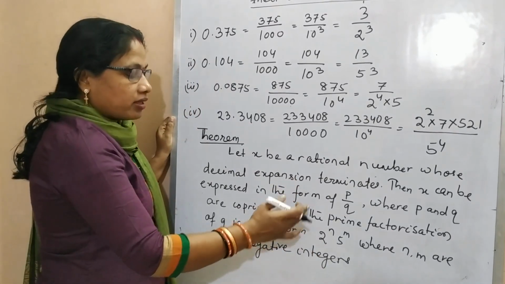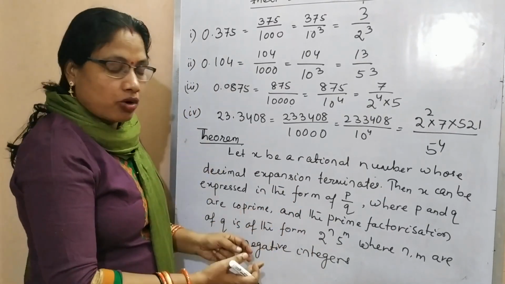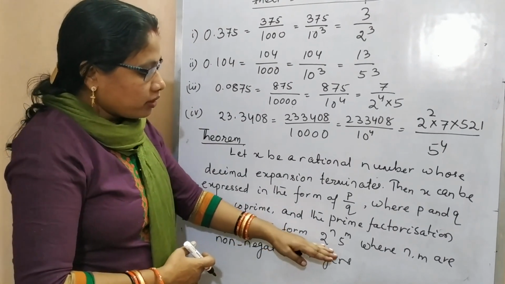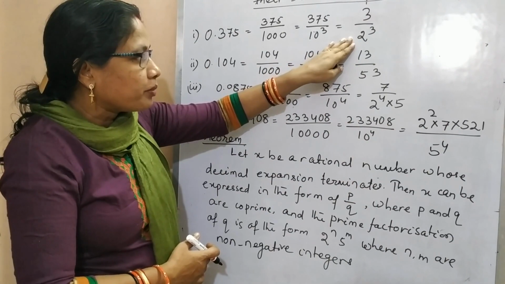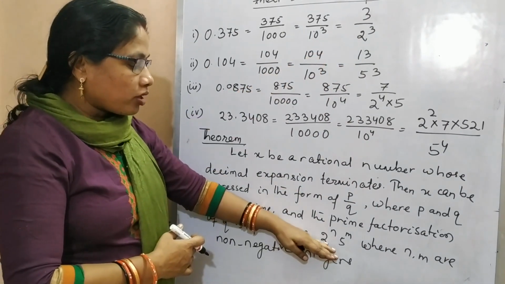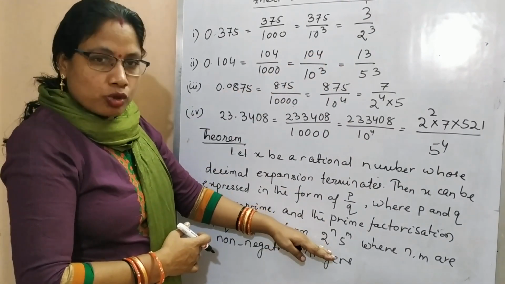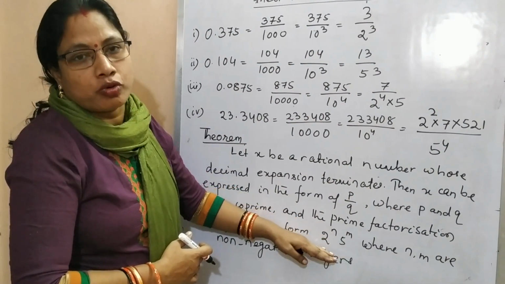That means either n or m may be 0, but the prime factorization of the denominator should be the product of powers of 2 or 5 or both.